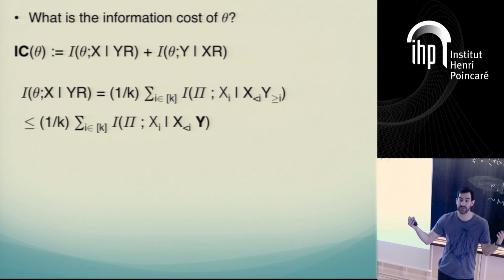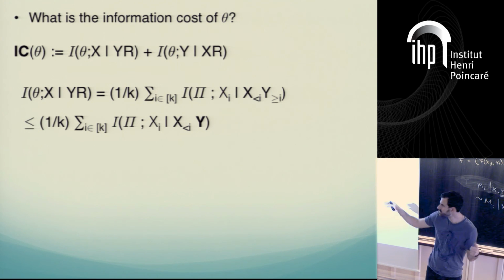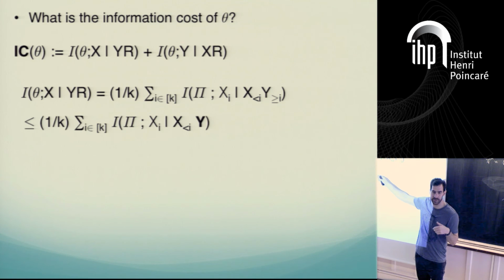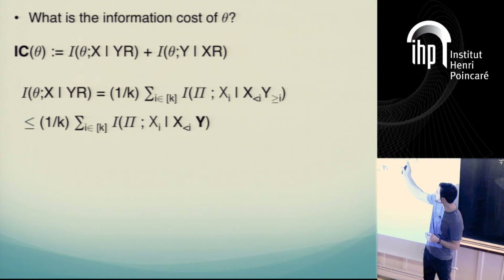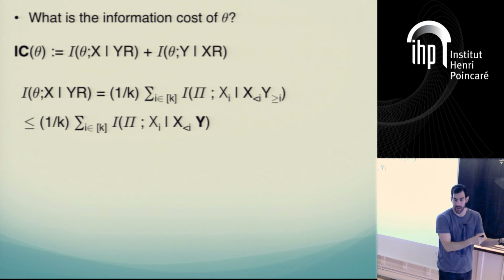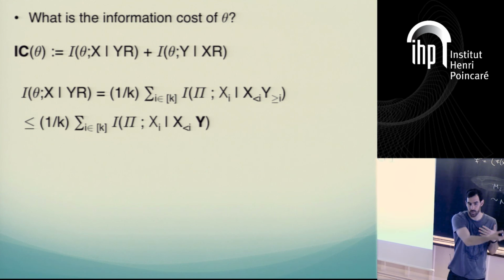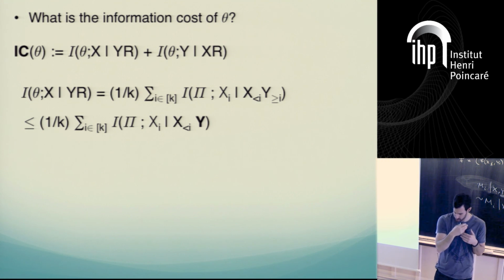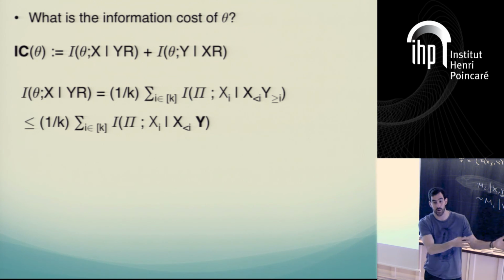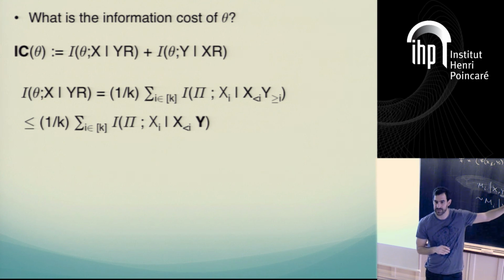And this can only increase the information. Why is this true? It's a one-line inequality, but the intuition is that we added conditioning on all the coordinates y1 through yi. These inputs are independent of Alice's knowledge and the public randomness, and conditioning on additional independent information can only increase the information. If you want, I can show this in the break. It's a very easy inequality.